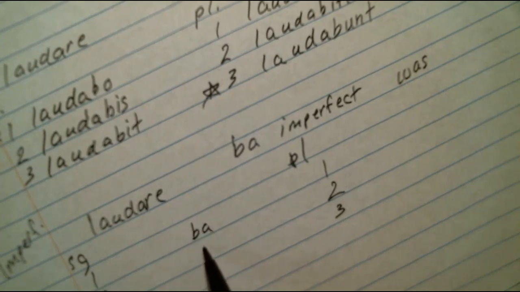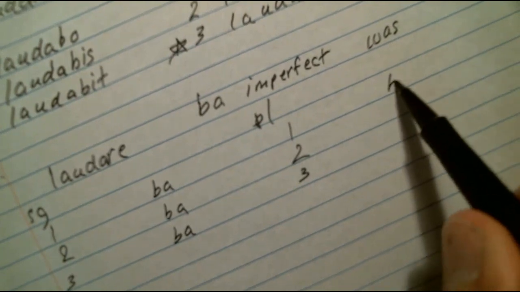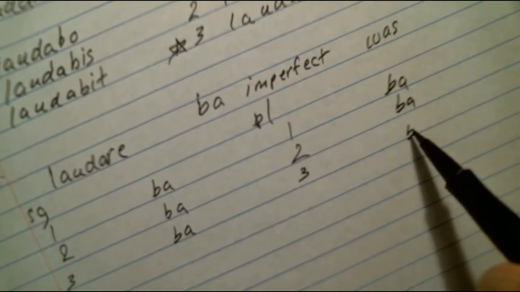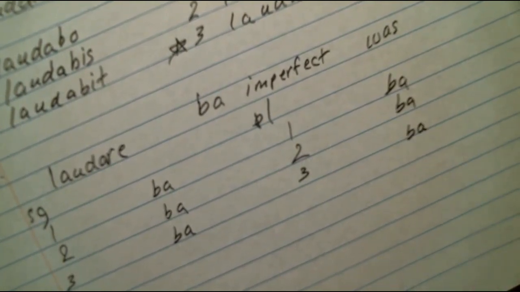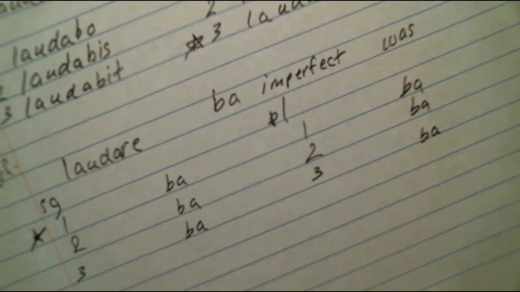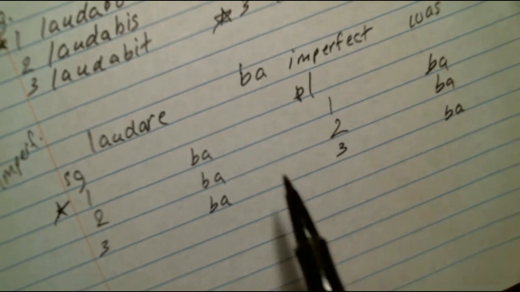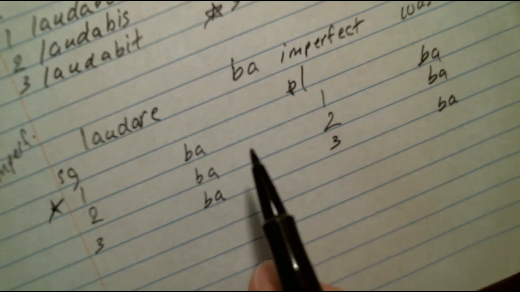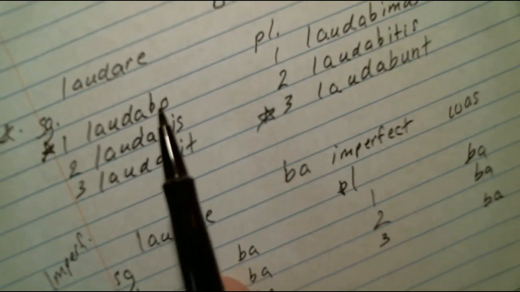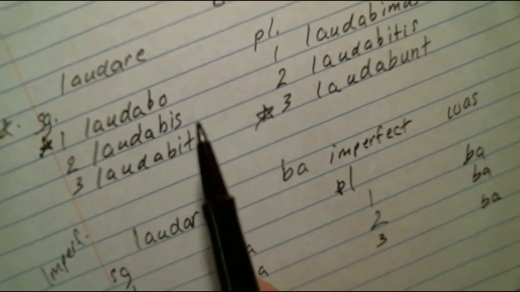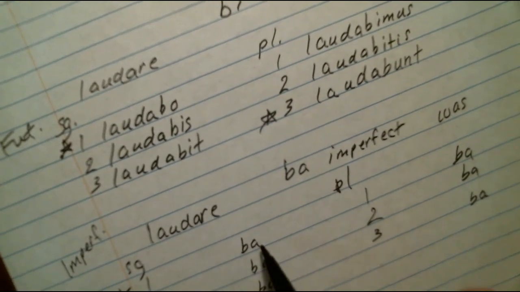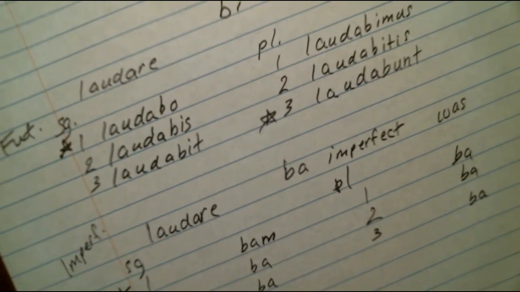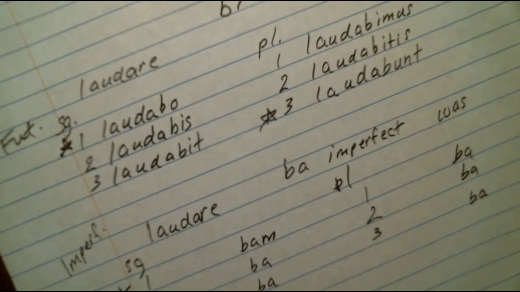So we're just going to add ba, ba, ba, ba, ba, ba. Okay. The only weird thing here is going to be first person singular. You would expect this to be o, like ba o or bo, but that's going to get confusing with the future, right? So we need something to distinguish this, so we're going to say bam. And that is first person singular.